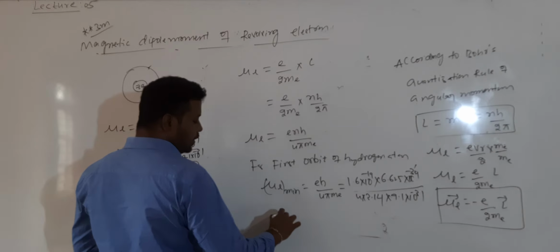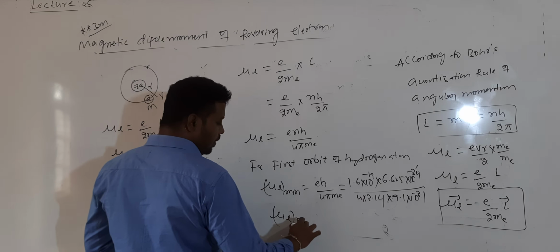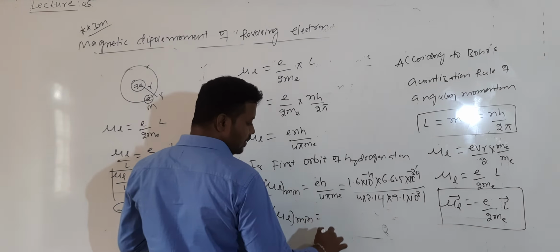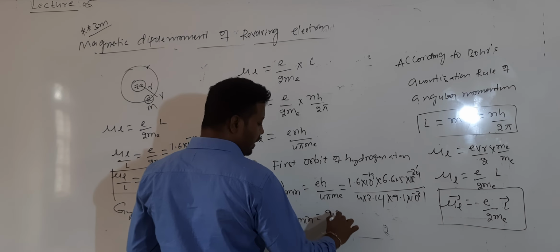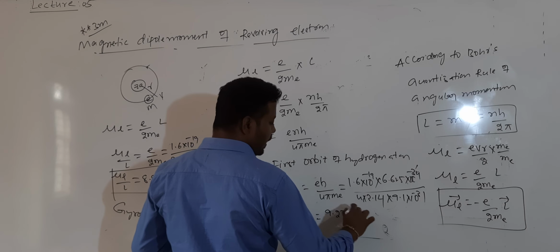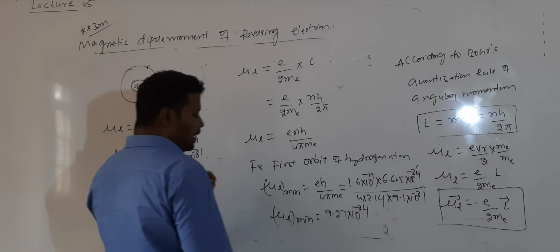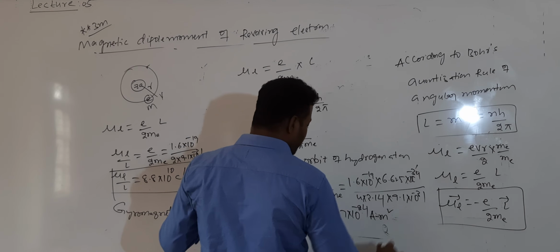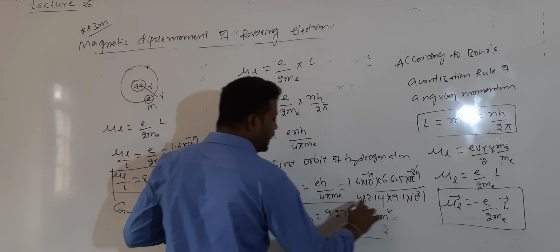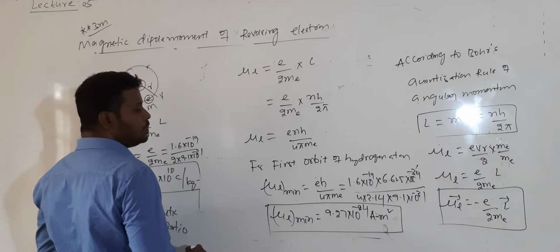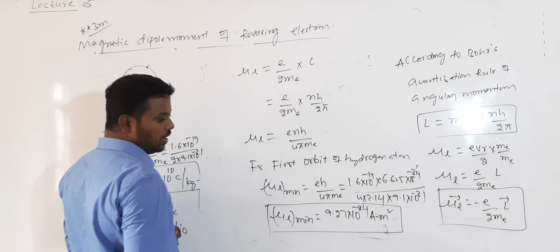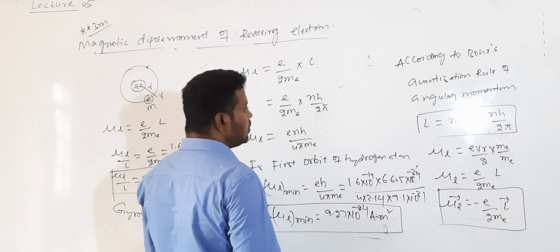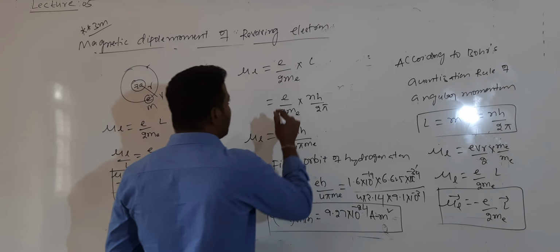By substituting all these values, mu L minimum becomes 9.27 into 10 to the power of minus 24, and the unit is ampere meter square. This is the value of the magnetic dipole moment of the electron, which is minimum in the first orbit of hydrogen atom. This value is also called Bohr's magneton.